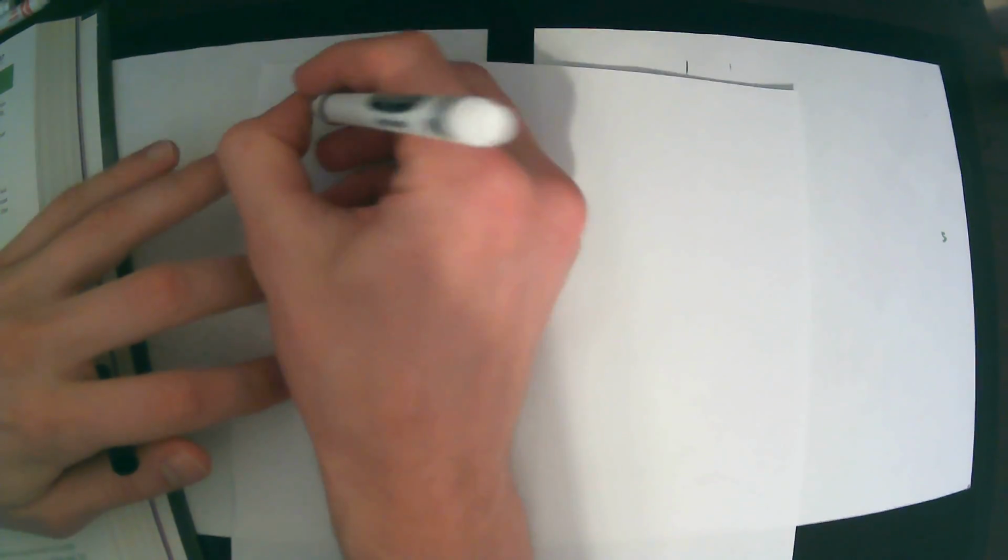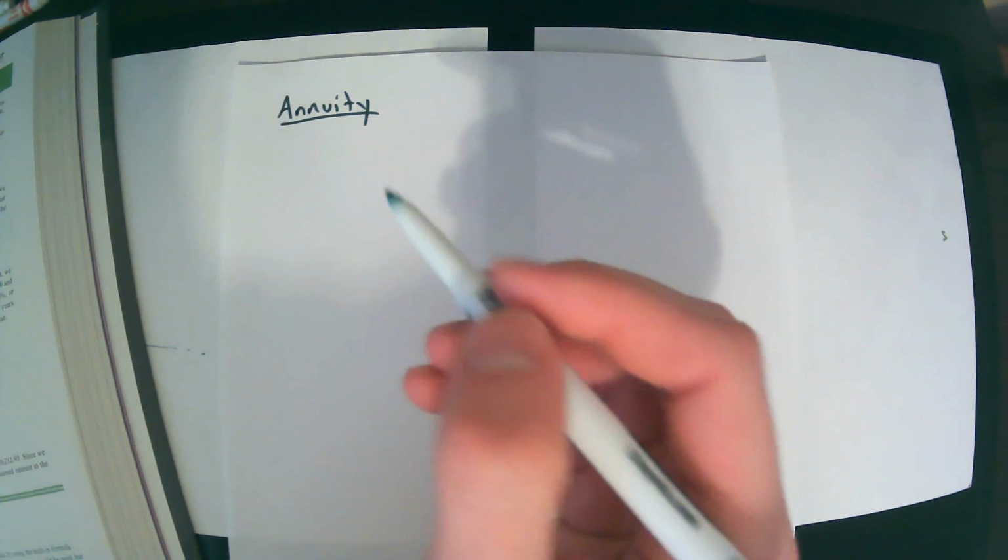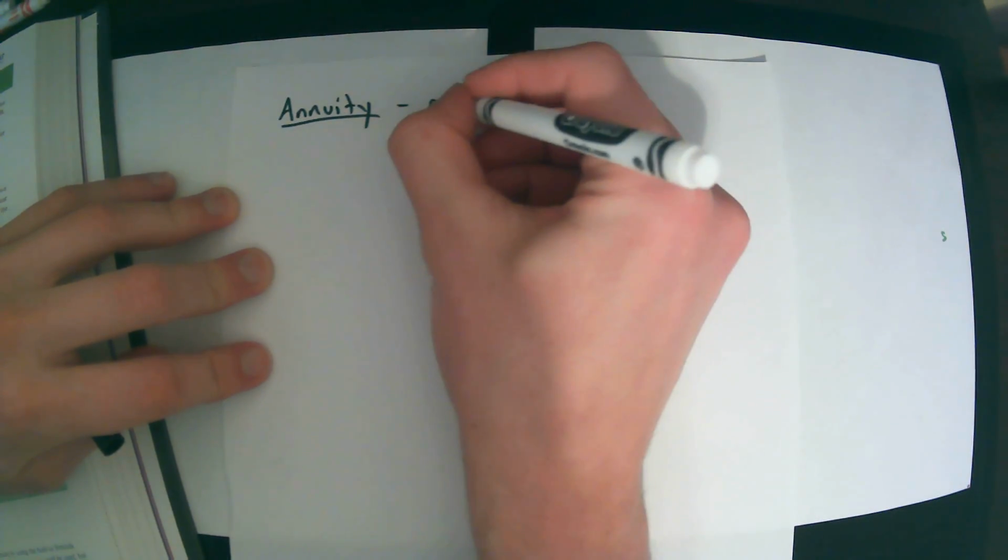So that leads us to the next vocab term that's going to come up in this formula, and that's an annuity. Annuity. All it is is a sequence, as they put it, of regular payments made into an account or taken out of an account over time. So we'll just say regular payments.